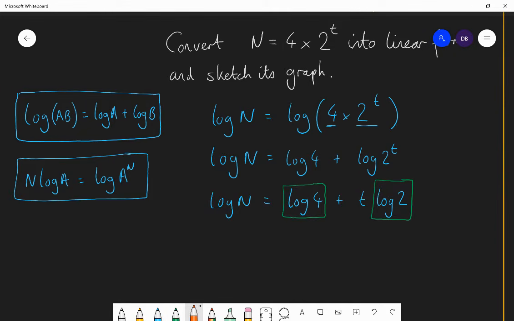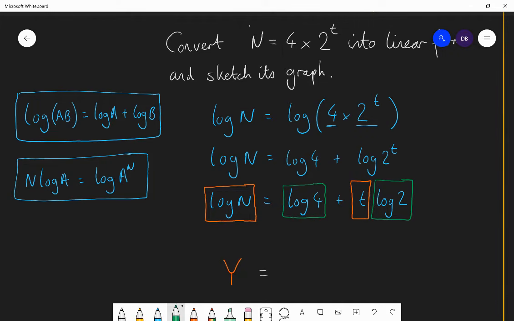And the log n and the t are variables. Those values can change. Depending on what I use as my value of t, my value of log n will change. So that matches perfectly with y equals.